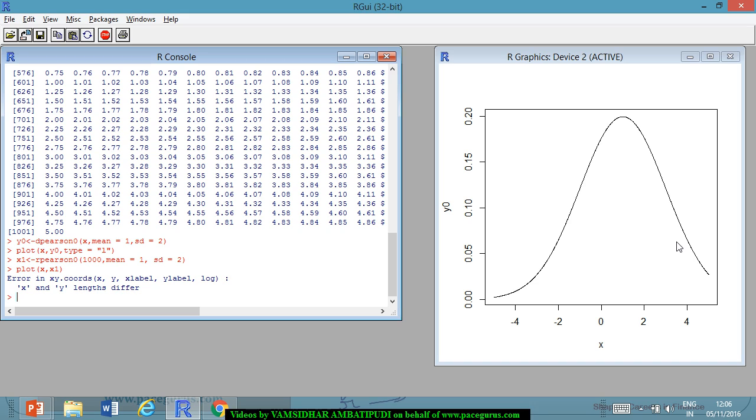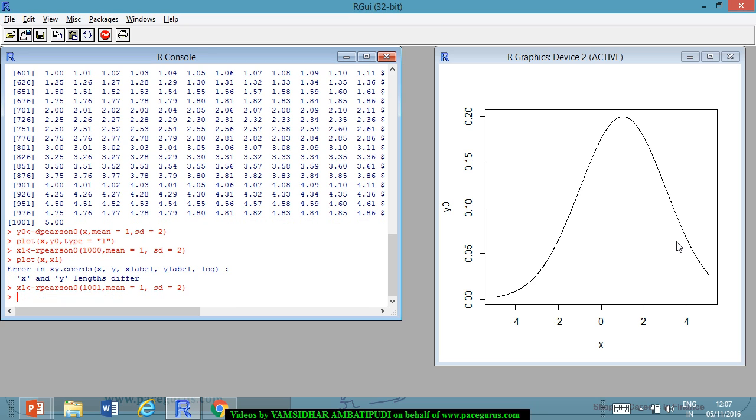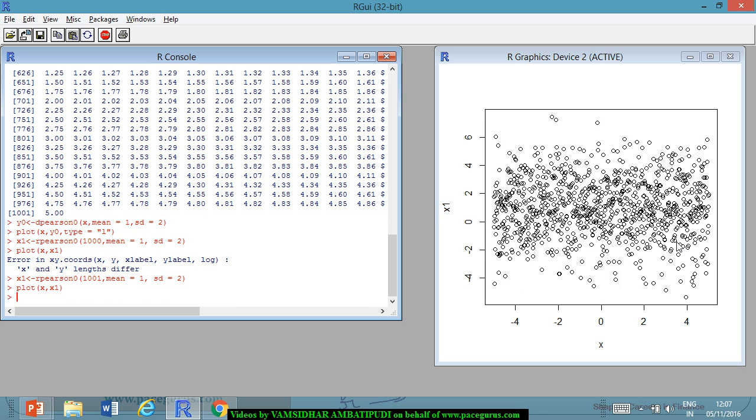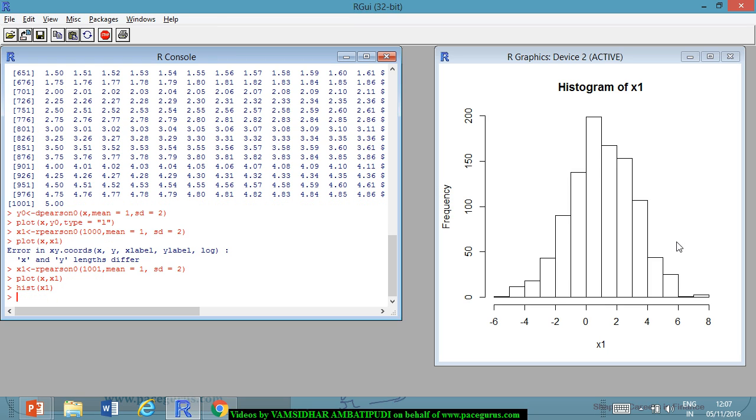Okay, x is having 1001 observations, so let me do x1 again by creating 1001 observations. Then let's create plot of x comma x1. So x and x1 is coming out like this. It's fully scattered. But if I take the histogram of x1, this is coming more and more similar to that of a normal distribution itself.